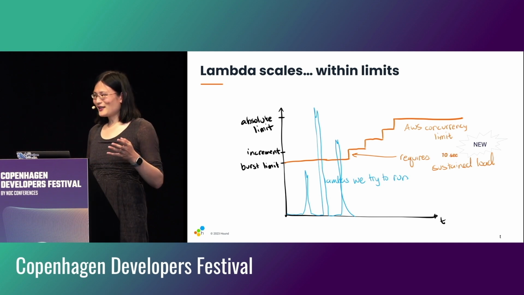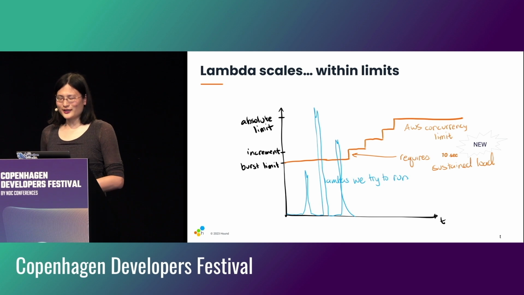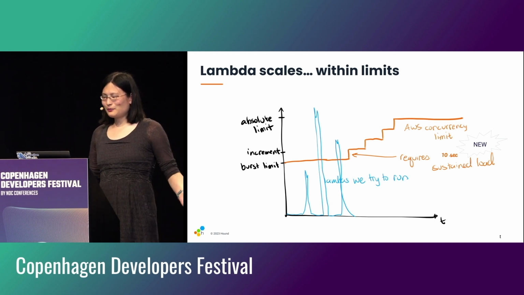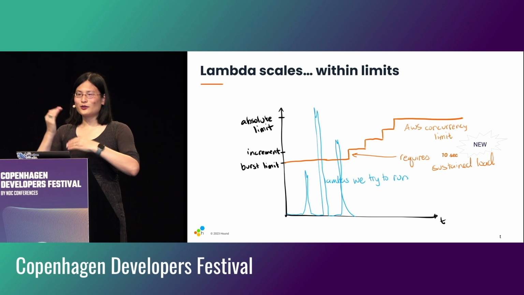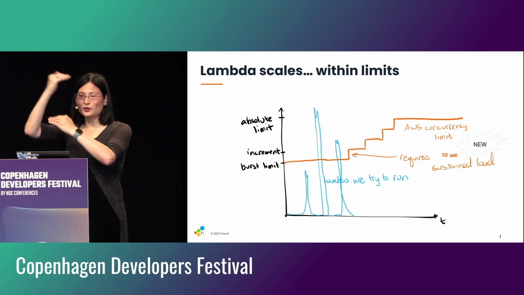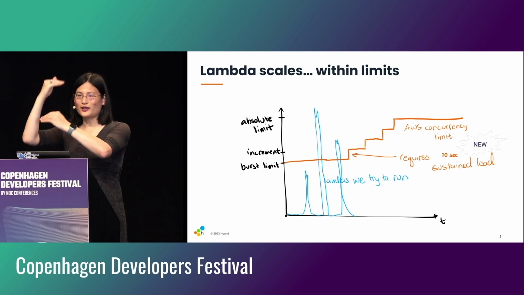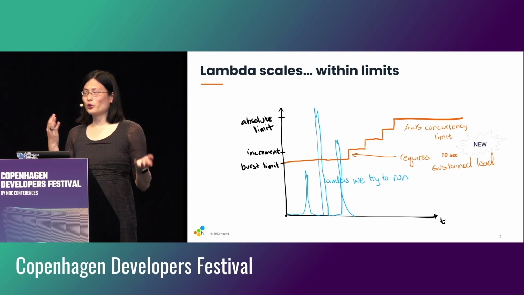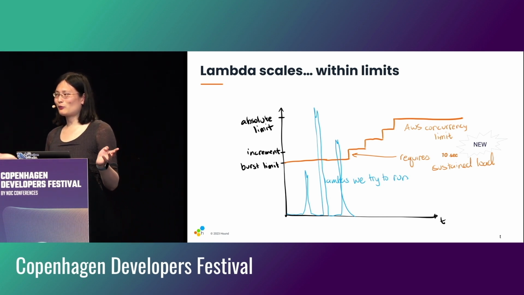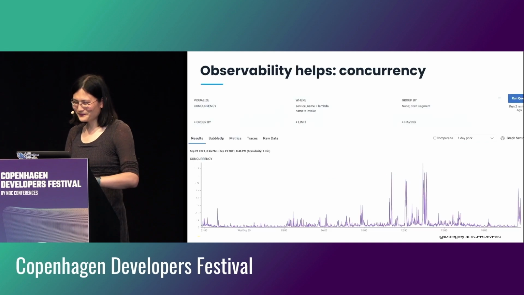But the good news is, at least on the Amazon side, I cannot speak to the Azure side, they changed this recently to 10 seconds: if you are exceeding your limit for 10 seconds, they'll give you 1,000 more concurrent workers. And if you're still exceeding your limit 10 seconds after that, they'll give you another 1,000 concurrent workers. So it actually turns out to be less of a problem for this kind of workload today than it was when we originally started doing this 5 years ago.